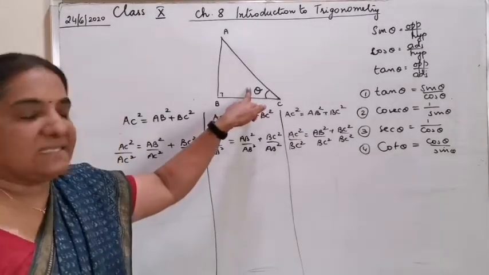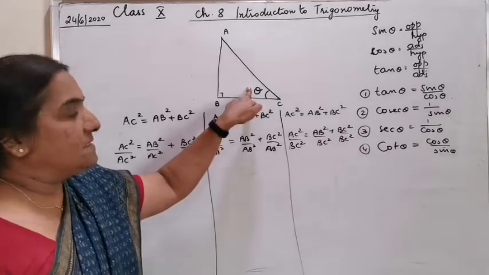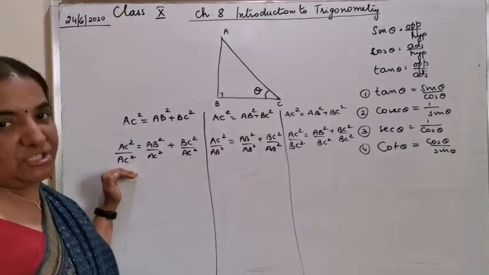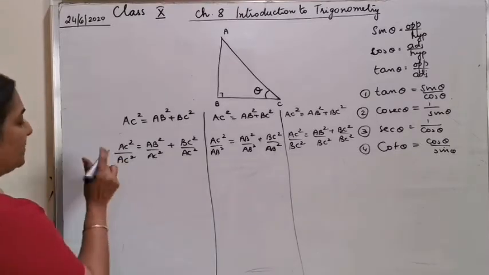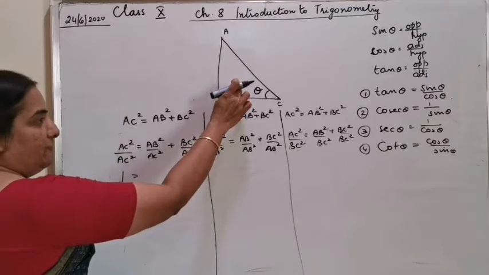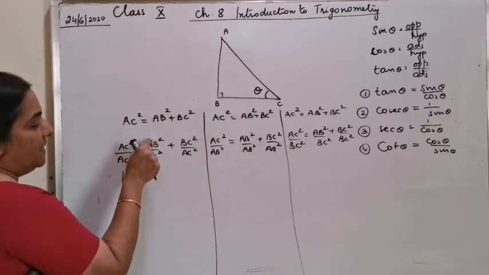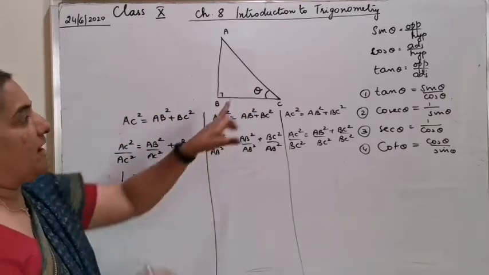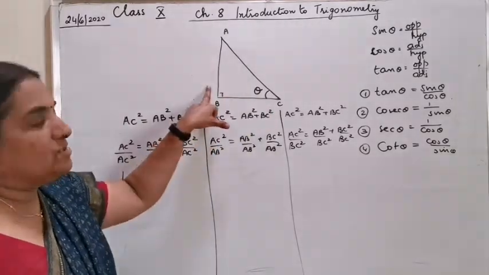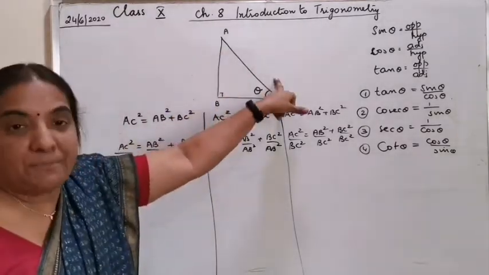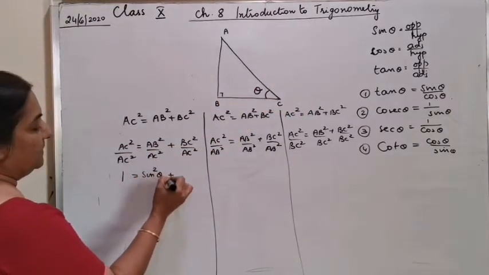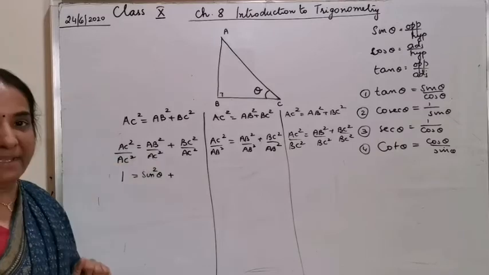For angle C, naming it as theta, let's write the particular ratios here. AC square by AC square is 1. Now, in the figure, what is AB by AC for angle theta? For angle theta, AB is the opposite side and AC is the hypotenuse. That means it is sine square theta, sine theta the whole square.